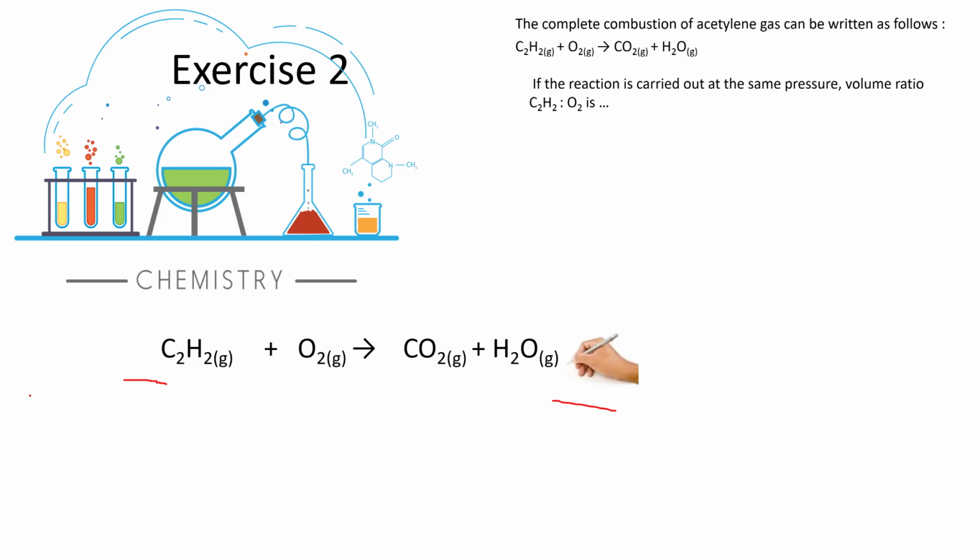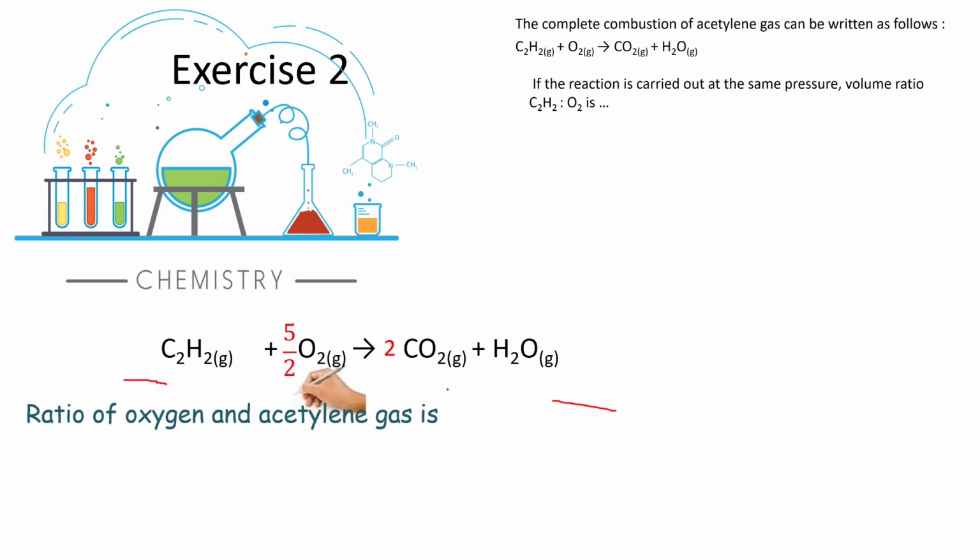On the left side, we have two carbons, while on the right side, we have one carbon. So first, we have to balance the carbon. When we balance the carbon, we also need to balance the oxygen. And then the coefficient will give 5/2.